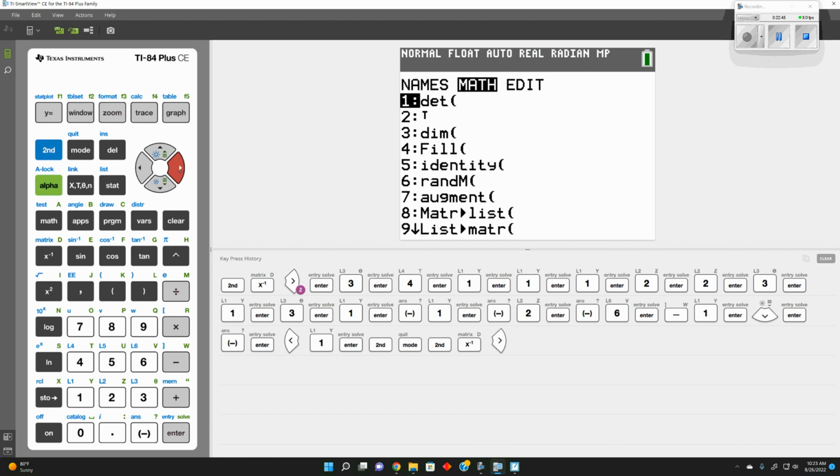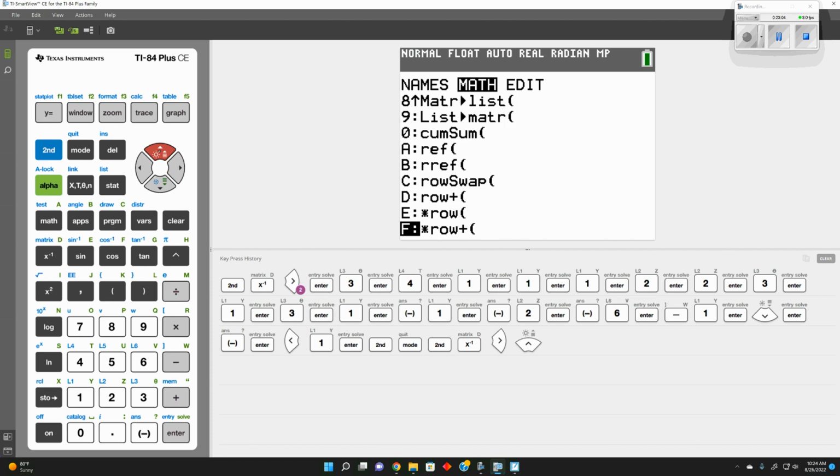We're going over to math, the one in the middle. Now you can scroll up or down. It doesn't matter which. What we're looking for is RREF, and it's going to be close to the bottom. So most of the time, I will go up. So right here, RREF. Once you get the spot next to it highlighted, hit enter.